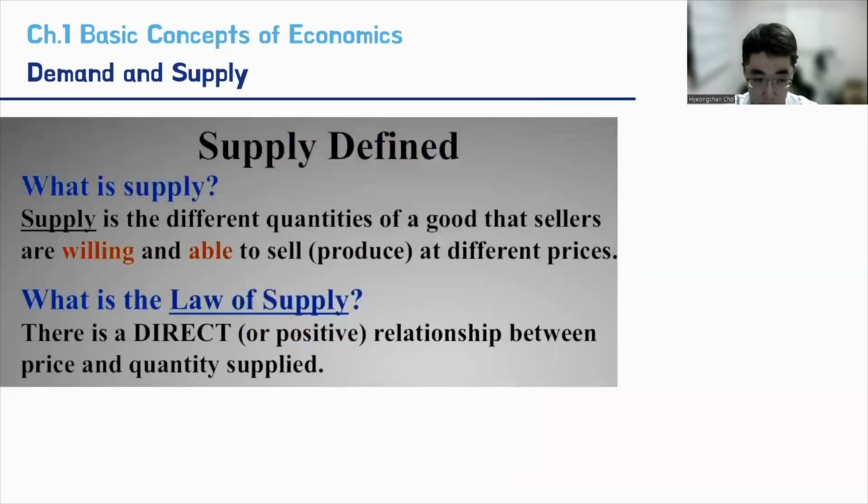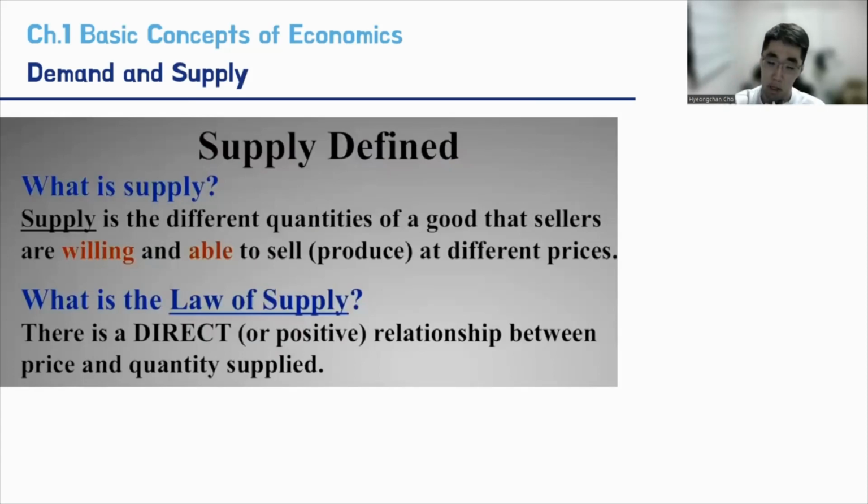And also supply, you can think of it as a contrast to demand: the different quantities of a good that sellers are willing and able to sell. The important point is that sellers are willing and able to sell. This is wholly focused on the sellers.